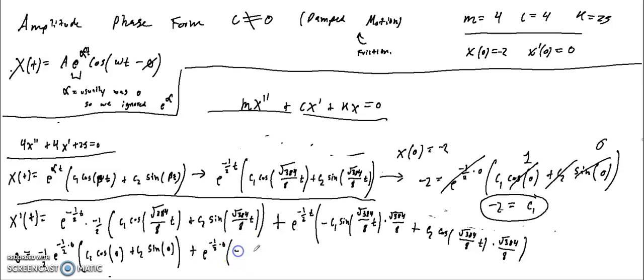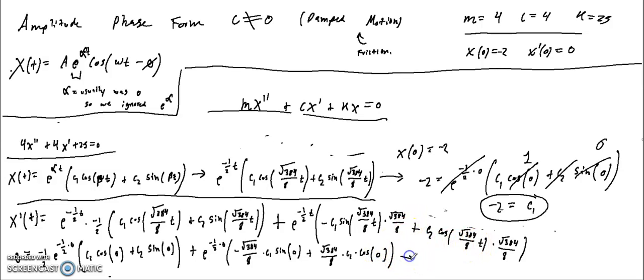times negative, we have this chain rule, so negative radical 384 over 8 times c1 sine of that times 0 is 0, plus radical 384 over 8 times c2 times cosine of that times 0 is 0.